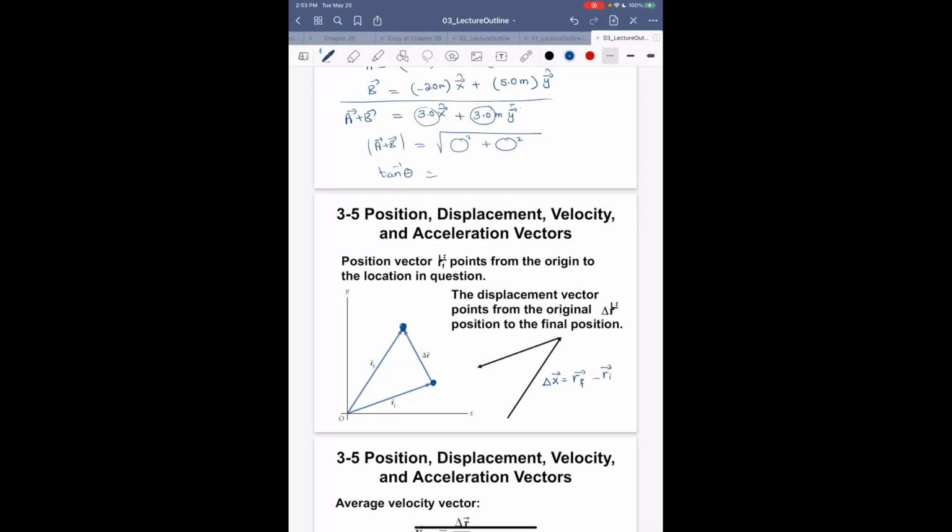Then you subtract the two vectors, then you can actually say, if you put the two vectors with the tails together, that delta R is going to be from Ri to Rf.